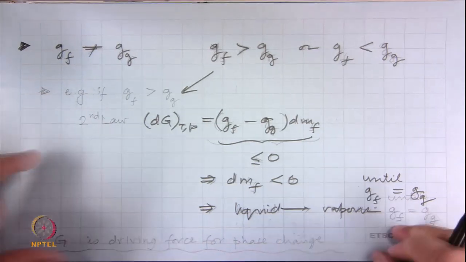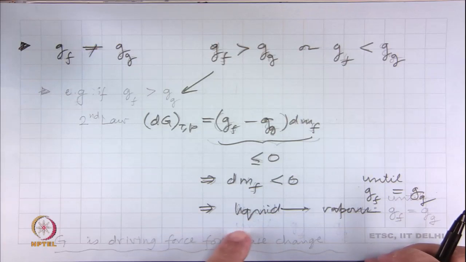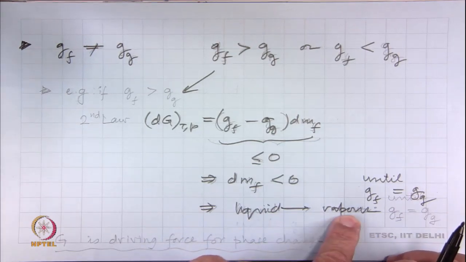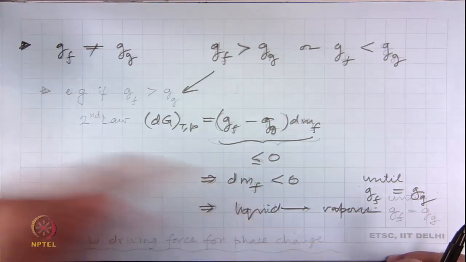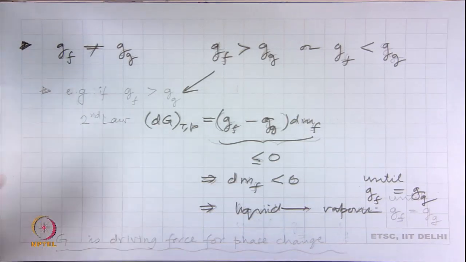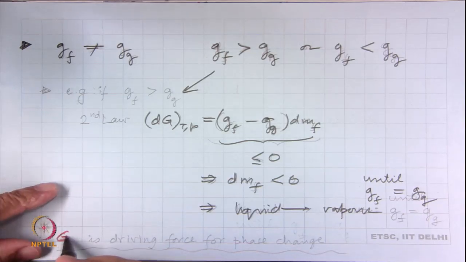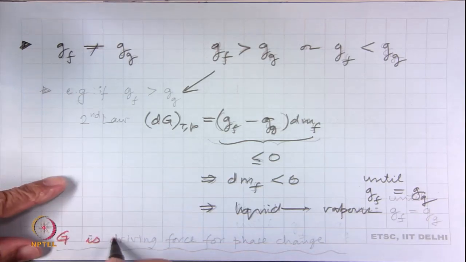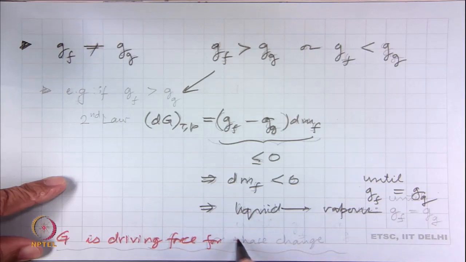So, in some sense we are able to get the direction in which phase change will take place, this way or that way, by looking at the value of G. We get another important conclusion here, that G is the driving force for phase change.